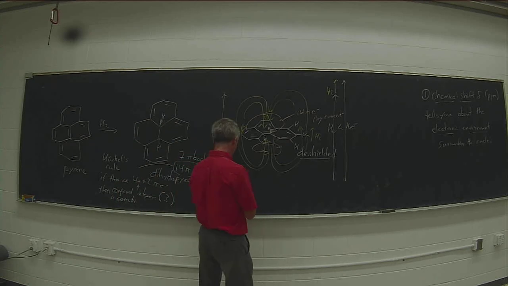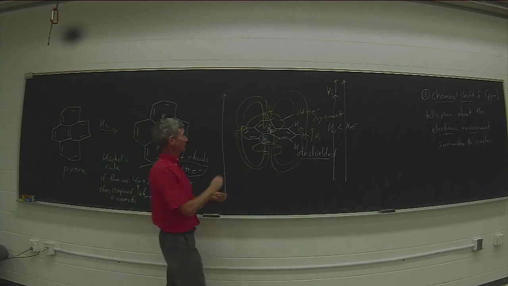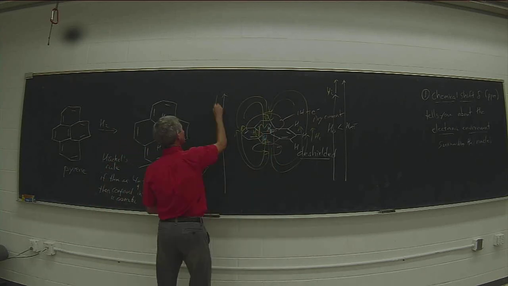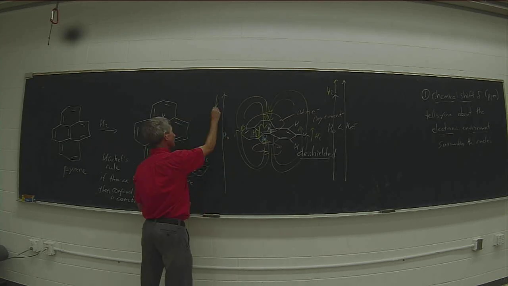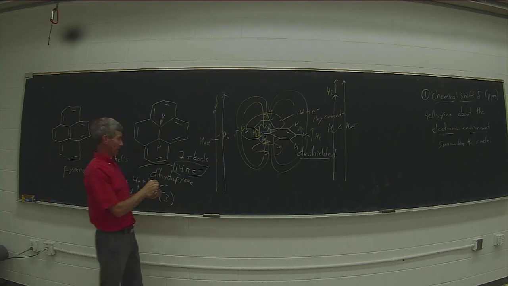But we also have 2 hydrogens that are in the center, which I've marked in blue here. And in the center, we have a pretty strong induced magnetic field that opposes H0. Which means that the effective magnetic field here is going to be significantly less than H0.